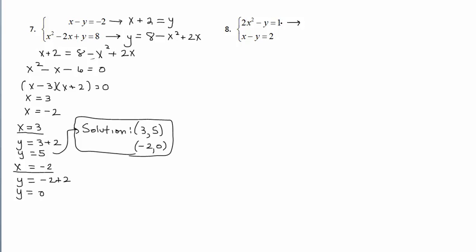So I'll add a y to the right side, but I need to bring the 1 to the left side. So the result would be 2x squared minus 1 equals y. Likewise down here, I'm going to add a y to the right side, but subtract the 2 to the left side. All right, these equations are equal. I can substitute x minus 2 in for that y.